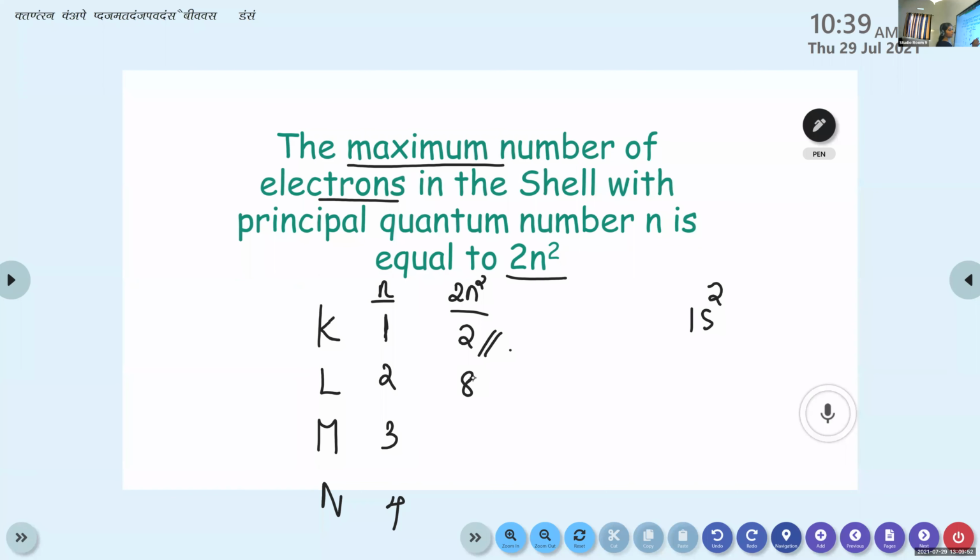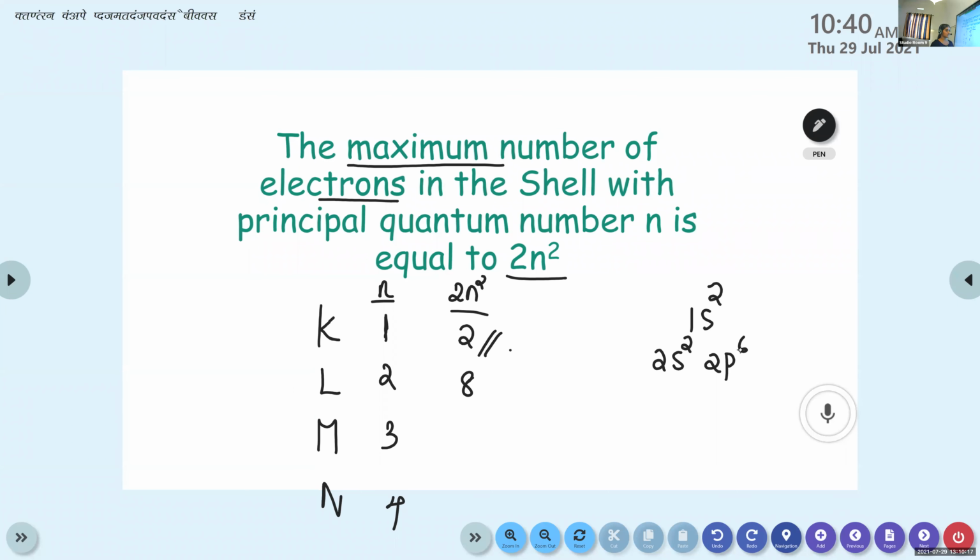When we look at the subshells, it is 2s2 and 2p6. This is the maximum capacity. In the s subshell, the maximum number of electrons is 2. And in the p subshell, there are 3 orbitals, in each orbital 2 electrons. That's why 3 into 2, 6. Okay?